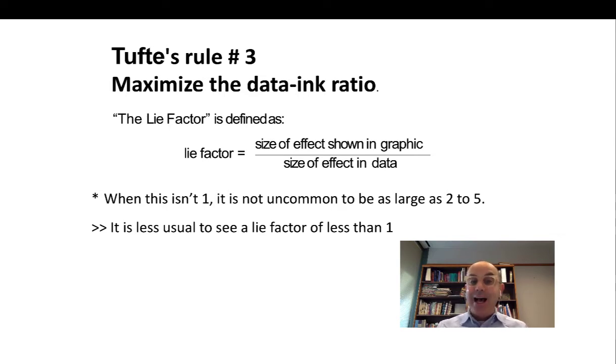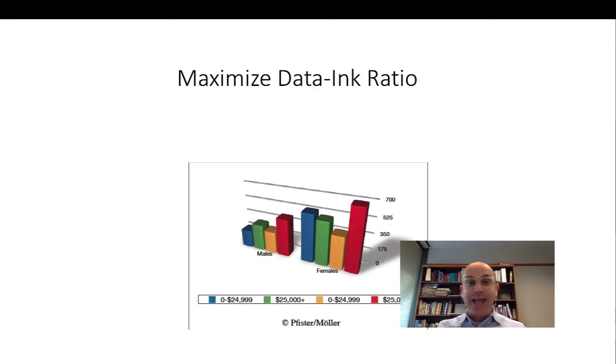It is less common to see a lie factor of less than 1. So the recommendation is to try to be more transparent and to show everything, but to show it in proportion. If it's 1, you can usually delete it or not show it, but if it's 2 to 5, please show it in order for us to understand that.